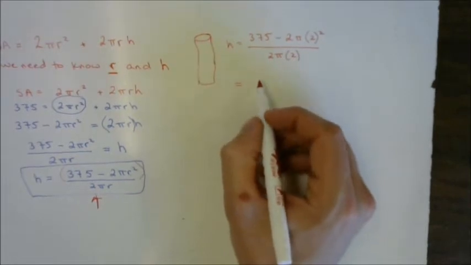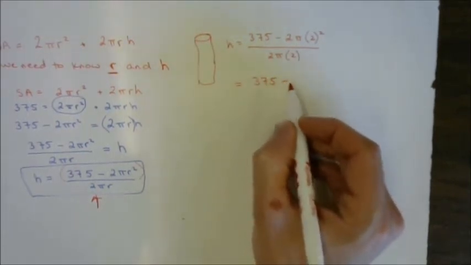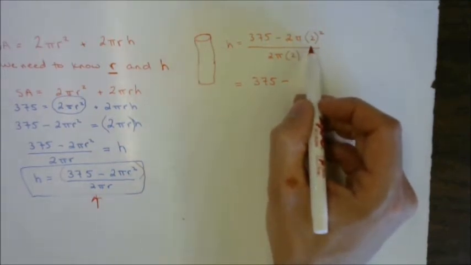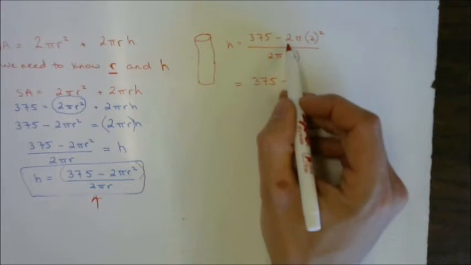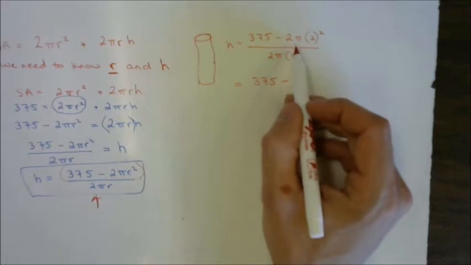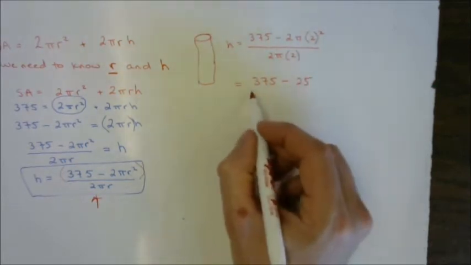Okay, simplifying this is pretty straightforward. 375 is still 375. Here, we start with our brackets and our exponent. So 2 squared is 4, times 2 is 8. With your calculator out, 8 pi is 25. Let's just stick with whole numbers for now.